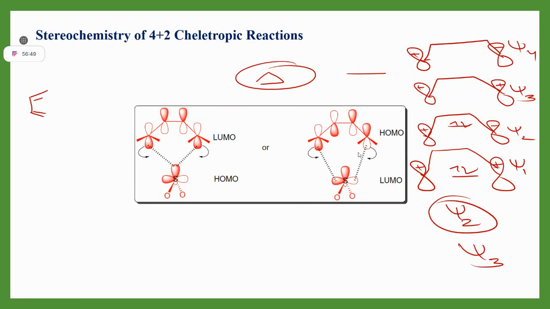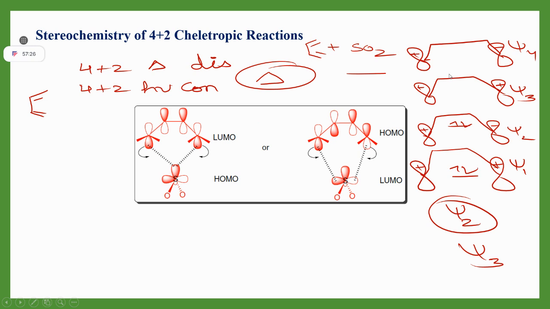Okay. So from here, you can tell that if 4 plus 2 is taking place under heating condition, it will undergo disrotation. I am talking about this with respect to cycloaddition of diene and your SO2. And if this 4 plus 2 is taking place in presence of light, it will undergo conrotation. Why? Because in heating condition, one electron will be excited to the psi 3 level.